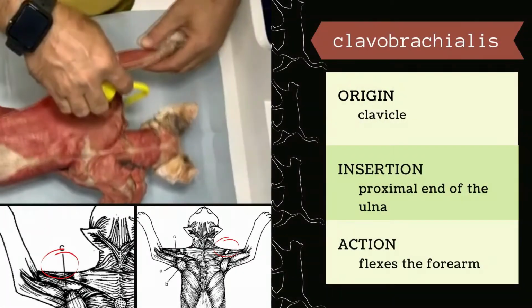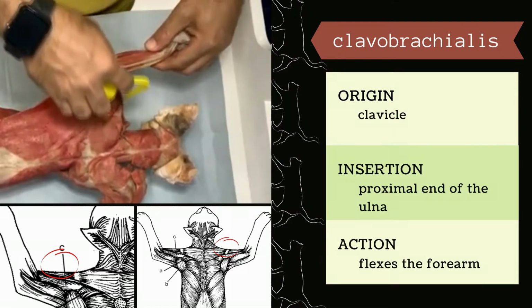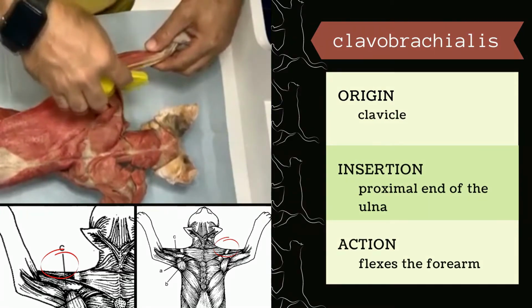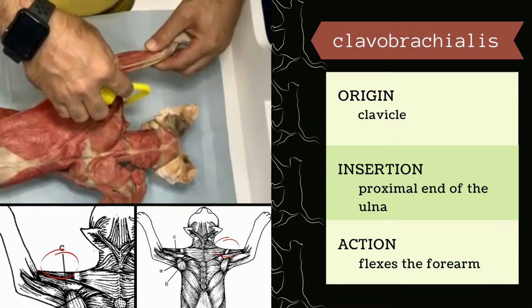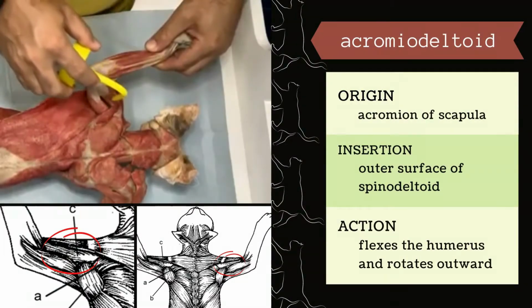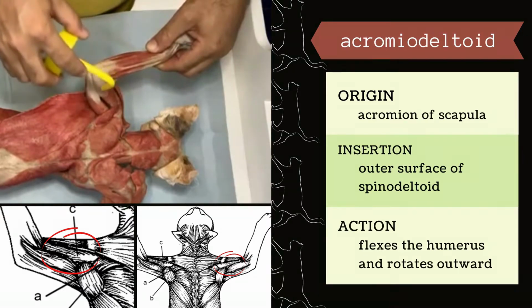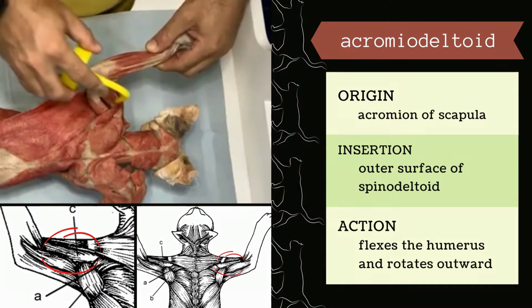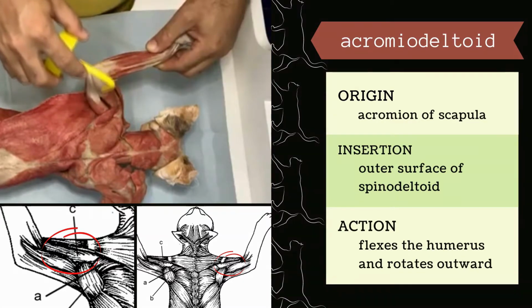This is the clavobrachialis. It originates from the clavicle. It inserts into the proximal end of the ulna. Its action is to flex the forearm. This part is the acromyodeltoid. It originates from the acromion of the scapula. It inserts into the outer surface of the spinodeltoid.